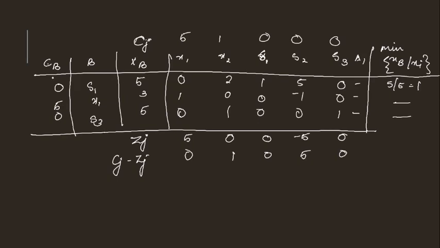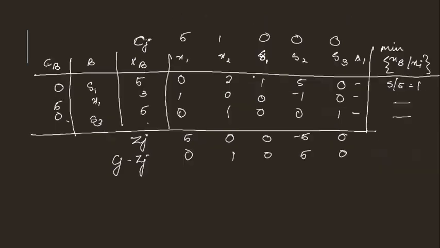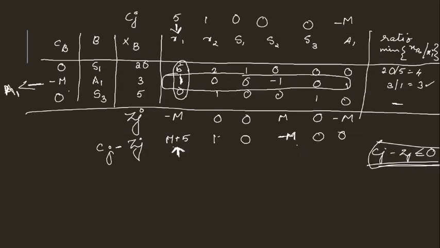Then we have the corresponding CBs, XB, and this row is written in such a way that I have found my key element as 1, so I need not do anything regarding this row. So I have just written it over here itself. But if it was any other number, say for example 5, you have to divide it by 5 and make this key element as 1, and accordingly the other elements also.